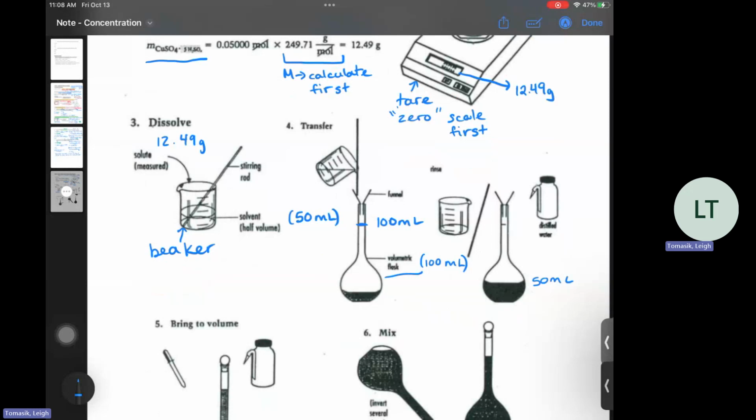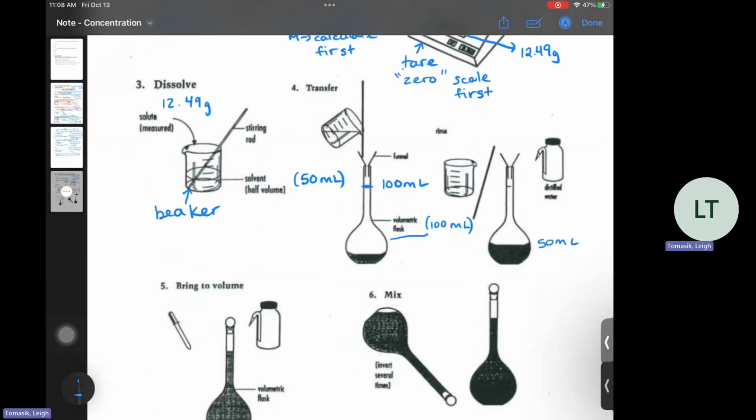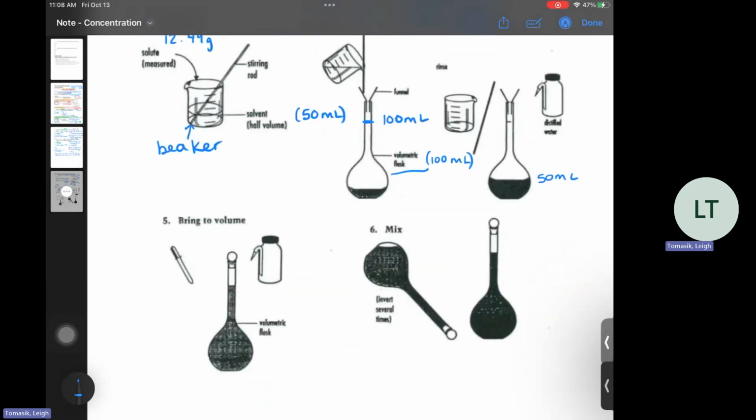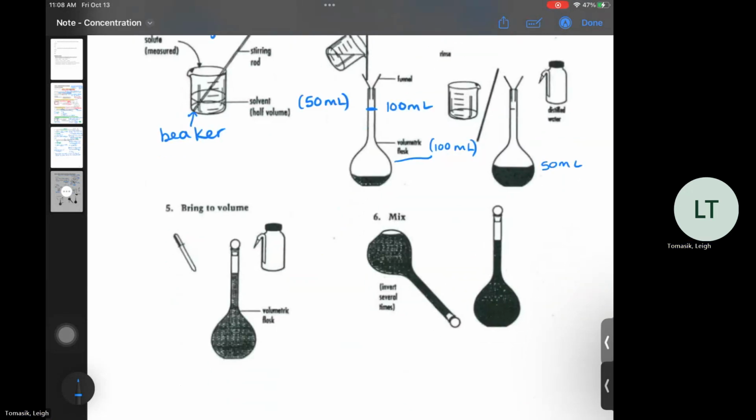We'll rinse down the funnel and the sides with distilled water, so all of what we poured in goes in. And then we're going to fill to the line, using a dropper to make sure we get it as close to the line as possible. And then we're just going to mix.